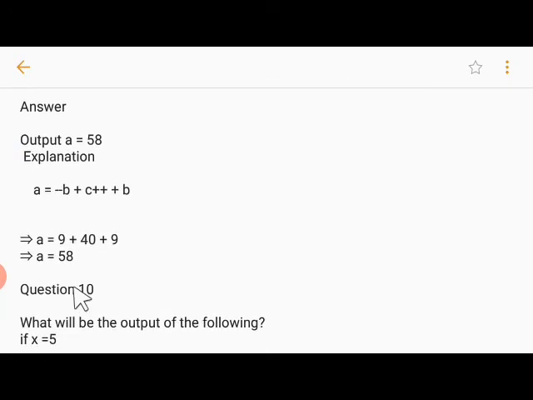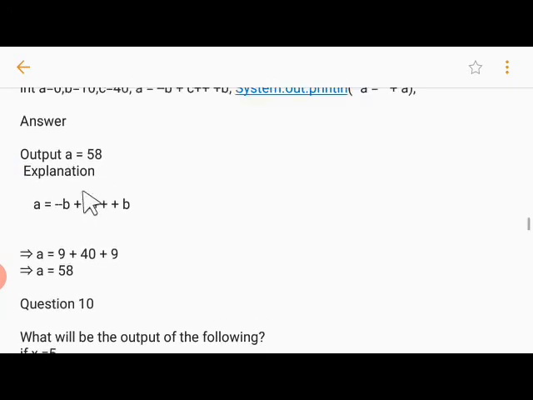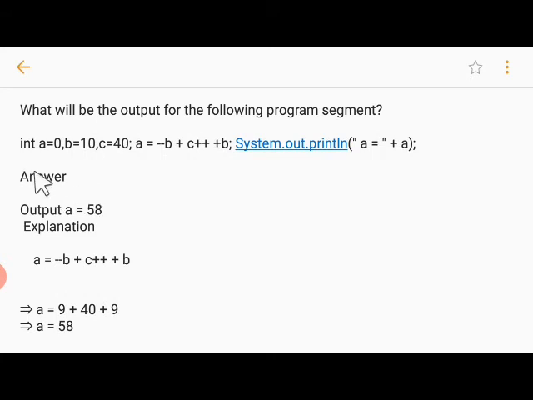a equal to --b. The initial value of b was 10. So the decrement will make it 9, because it is pre-decrement, the prefix is there. Plus 40, because c is 40 and c has post increment, so right now first it will be added and then incremented.